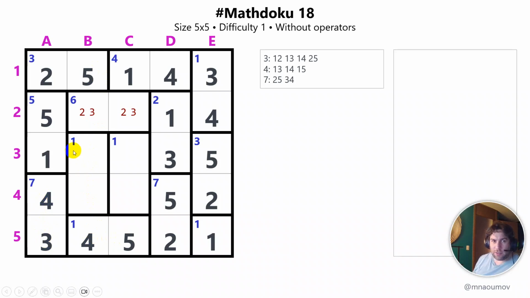Okay, let's look in column B. Options for here are 1, 2, 3. And number 1 can be formed as 2 minus 1 or 3 minus 2. However, 3 minus 2 is not possible because for this cell we have no more options.